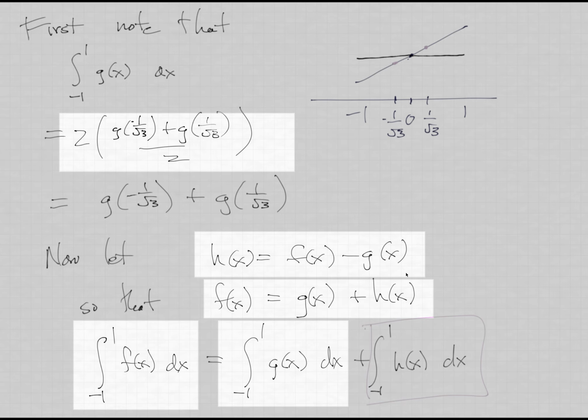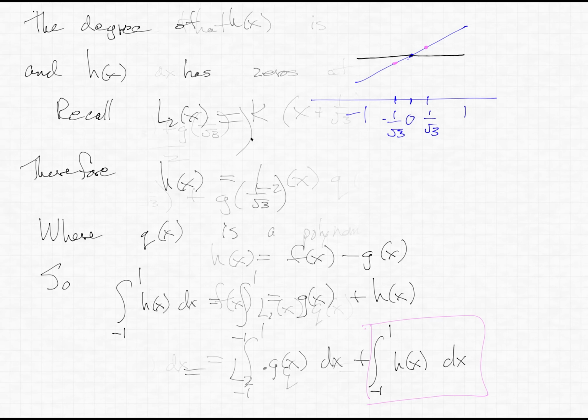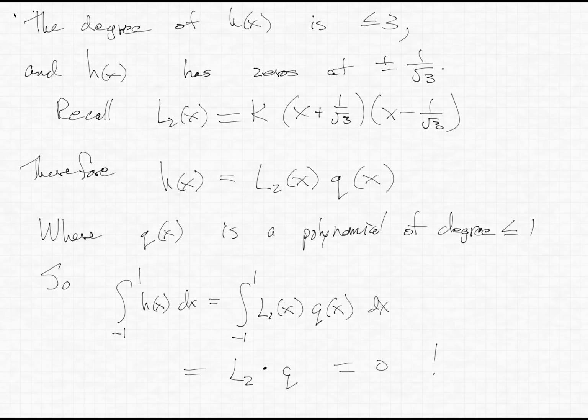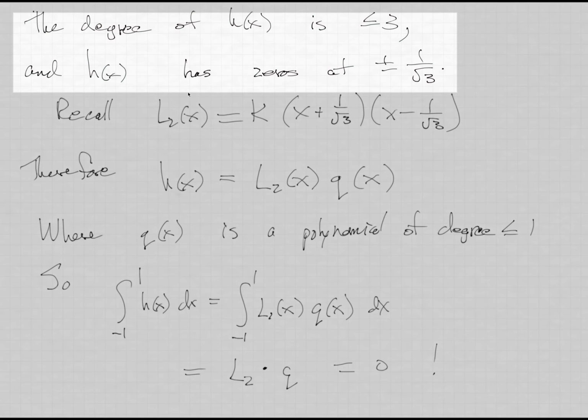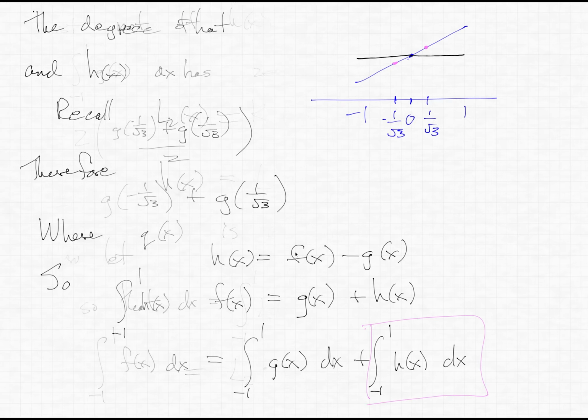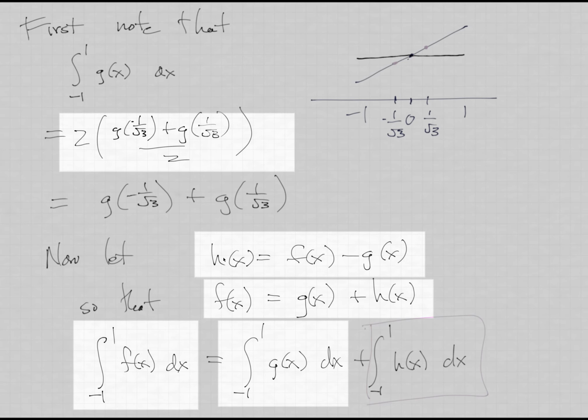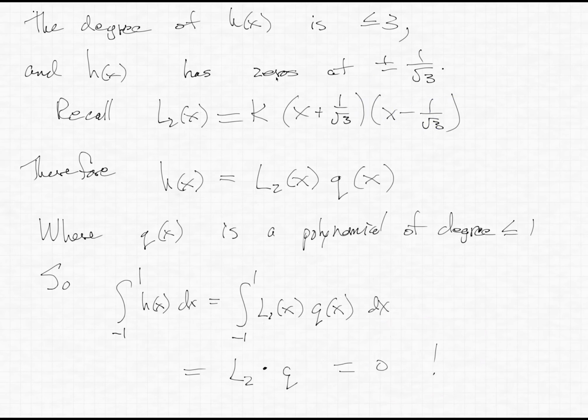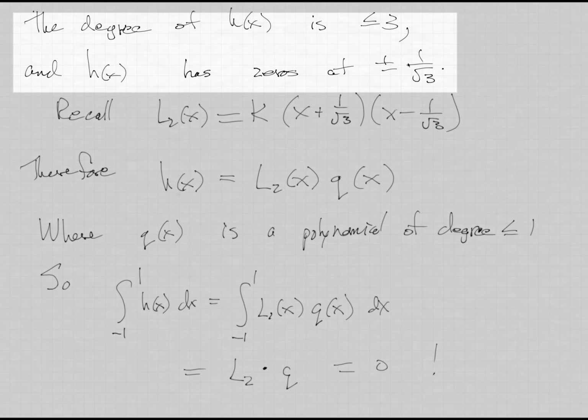Okay, now why is the integral of h equal to 0? We have to go back to the theory of Legendre polynomials again. So remember I said that we know that h is a polynomial of degree less than or equal to 3. Another thing we know about h, because h was defined as the difference between f and g, and we know g matches f at those two sample points, plus or minus 1 over radical 3, that means that h must have zeros at plus or minus 1 over radical 3.